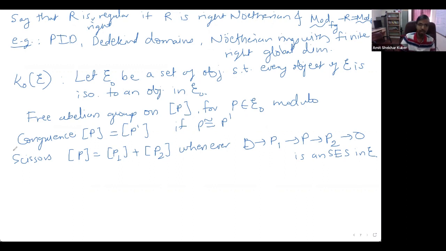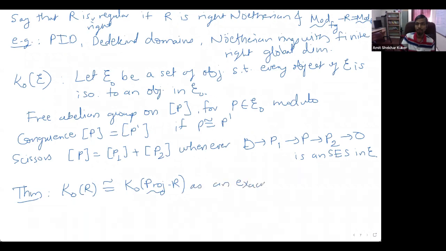And then the theorem obviously is that K0 of a ring is isomorphic to K0 of Proj A, thought of as an exact category. Recall that Proj A itself is not abelian.